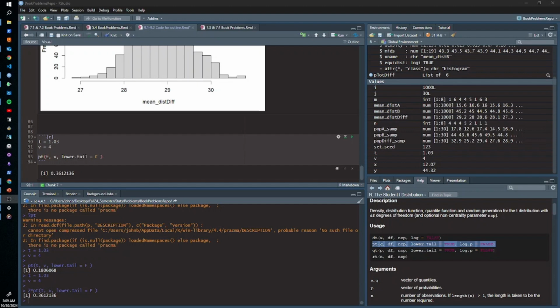Alright, taking the information from problem 18, we had a t-test statistic of 1.03 and degrees of freedom of 4. In R, I'm looking at this function right here, pt. There are a couple of different functions that you can see here.